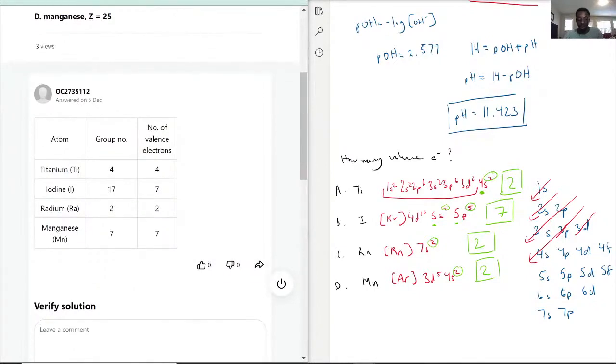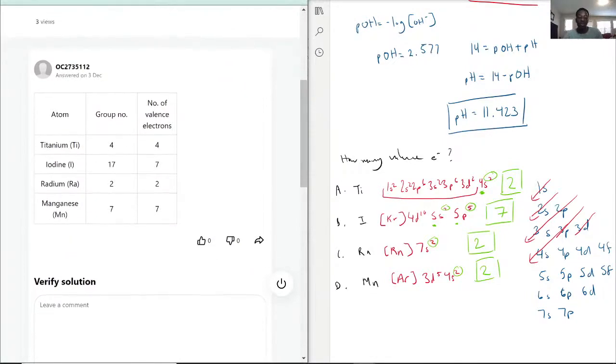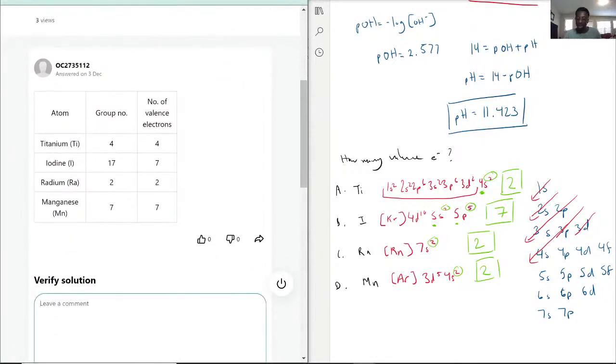But the radium is correct, the iodine is correct, and titanium is also incorrect, it would only have 2, which is why you stress the importance of the electron configuration. This is incorrect, you need to use electron configuration. And that is, I guess, the beauty of it.